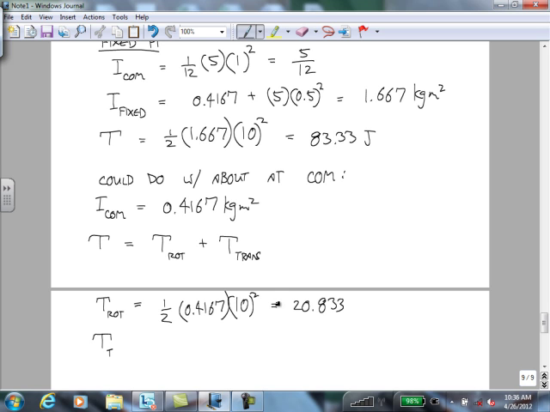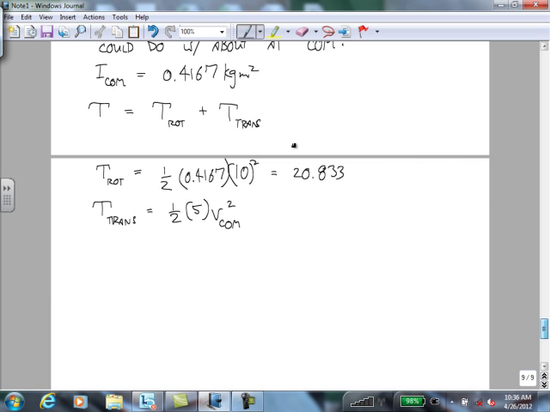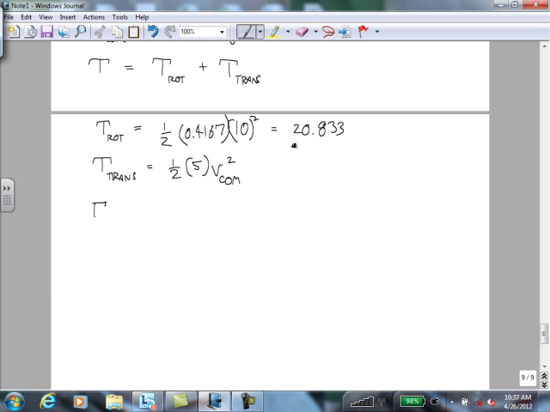For the translational, we have 1/2 times the mass times V center of mass squared. So the total kinetic energy is 20.833 plus 2.5 V center of mass squared.